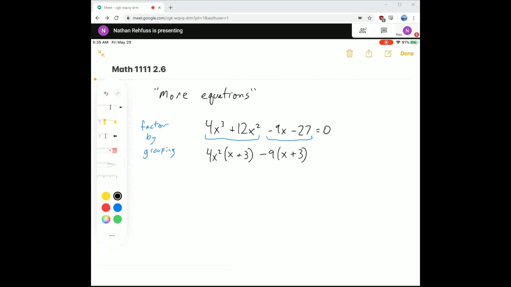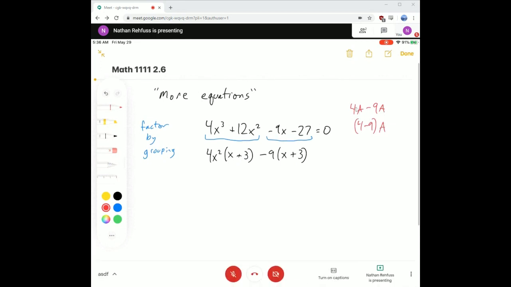So think of it this way. This is a little bit tricky to conceptualize the first time. If I had, let's say, just 4a and then I wanted to subtract 9a, I could write that as 4 minus 9 times a, right? I can factor out the a. So we have 4 of them minus 9 of them, so we're going to have negative 5 of them.